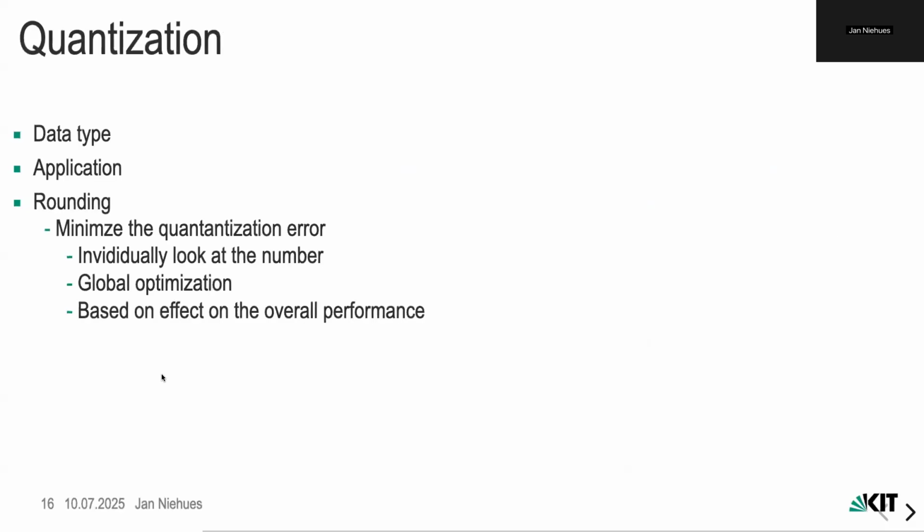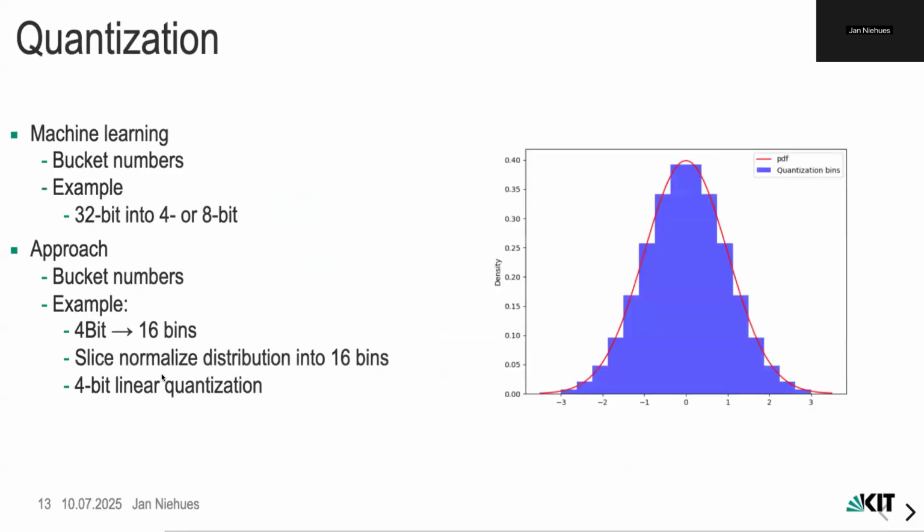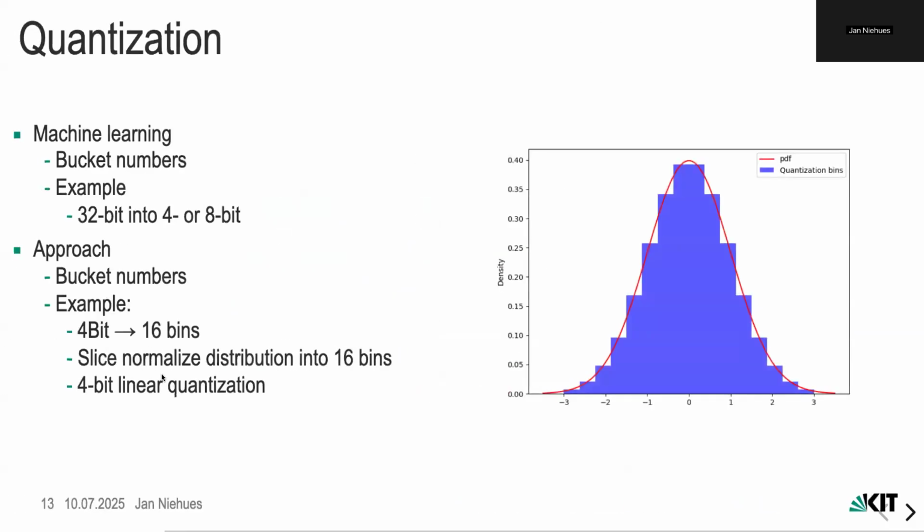Finally, we'll look a bit into rounding. When you now do the quantization, the obvious thing, for example, is that if we have this, then if you're between here and here, you will round to this one. And if you're here to here, you'll round to this one. That is the default thing, but it might not always be best. If your numbers by chance are always at the beginning here, you always have a very high quantization error, and then at some point it might be good to go to the other one.